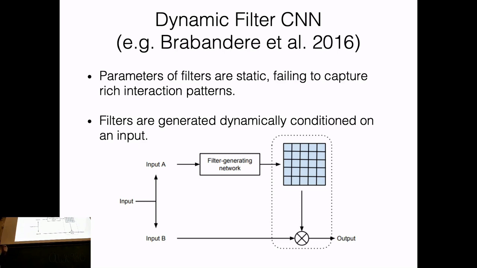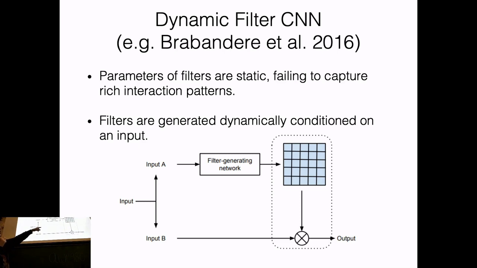So one solution proposed in this paper is, why not introduce filters whose parameters can be dynamically generated? You can see in this figure, we have the input A, and we use the input information to generate the parameters of the filter.